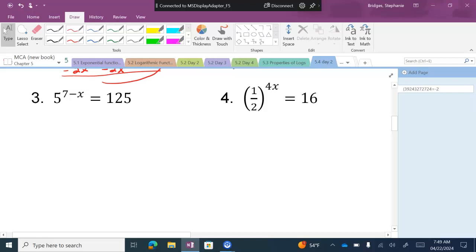Rewrite this as the same base. So I was looking at the bigger number. Okay. Is 125 a power of 5? Yeah. Not sure what power. What would a cube be? So square is 2, right? So cube would be 3. So you can rewrite that as 5 to the third power. Okay. The other side's already 5, right? So just bring this on the side. Keep the exponent.